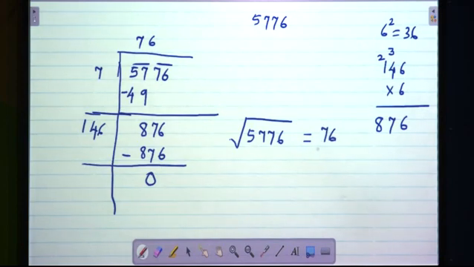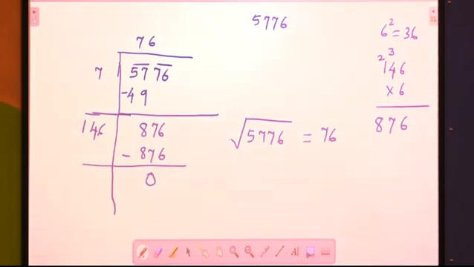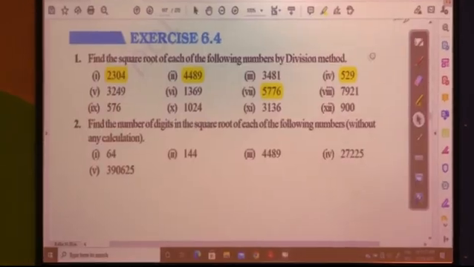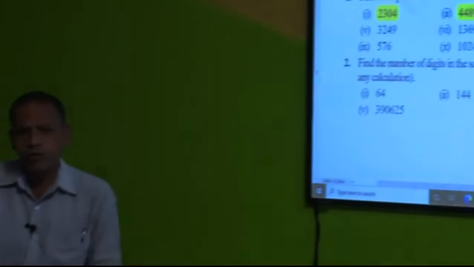My quotient is 76. In this way, we have calculated the square root of 5776. So, this session we shall conclude here. In the next session, we shall continue the next part of the exercise.